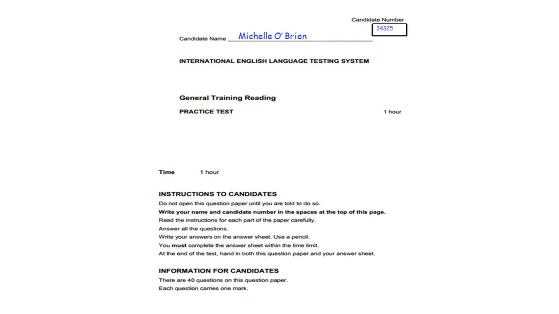Write your answers on the answer sheet. Use a pencil. You must complete the answer sheet within the time limit, which is 60 minutes, which again is something you already know. At the end of the test, hand in both the question paper and your answer sheet. Once you have read these instructions, we will begin.